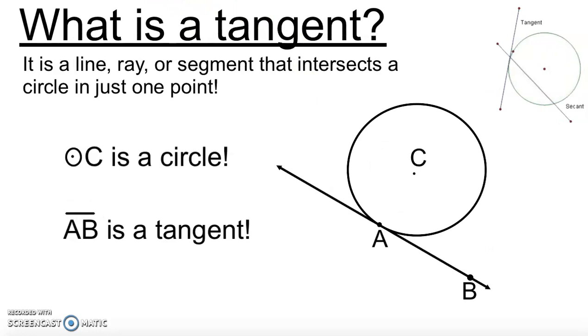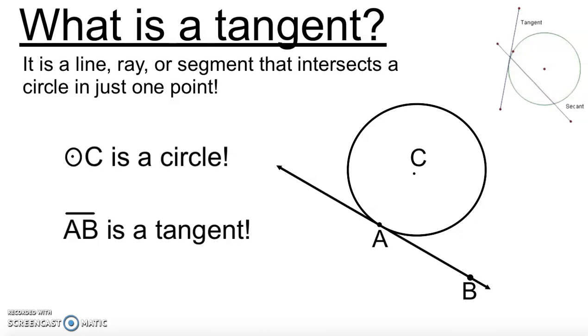Tangent. A tangent can be anything that touches a circle in 1 spot. It could be a wall, so it could be a plane, but it could be a line, it could be a ray, it could be a segment, it could be another circle. As long as it touches a circle in just 1 spot, it's going to be called a tangent.